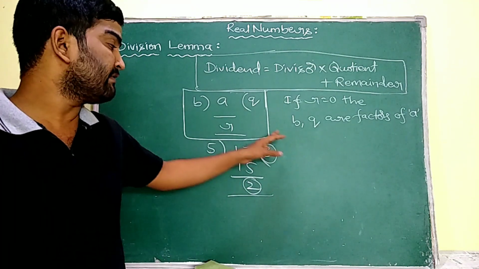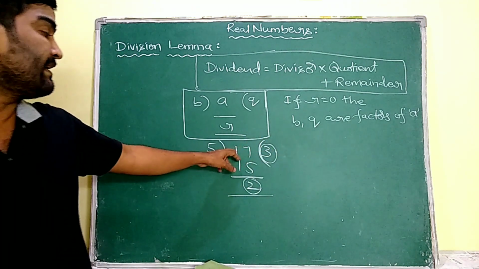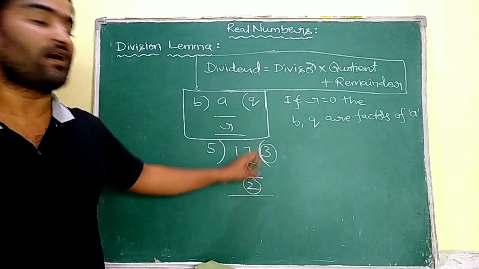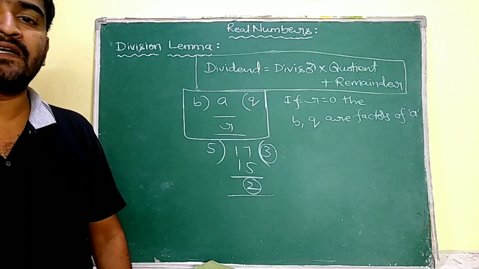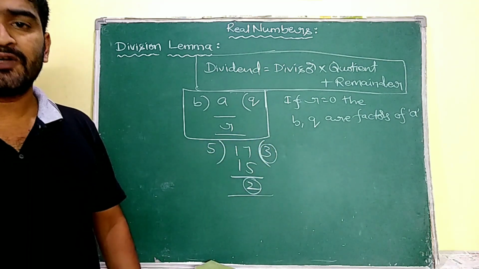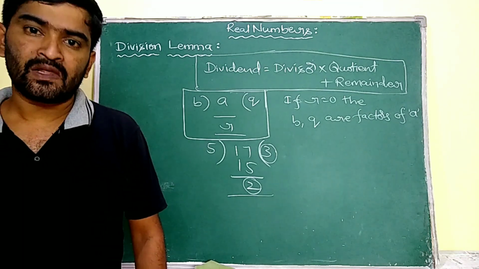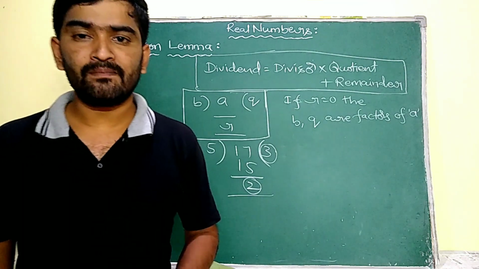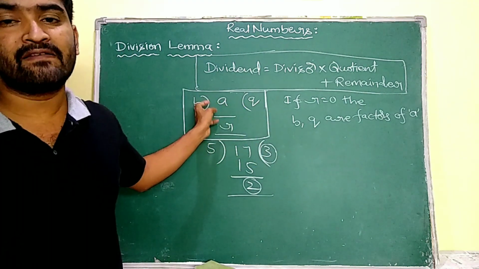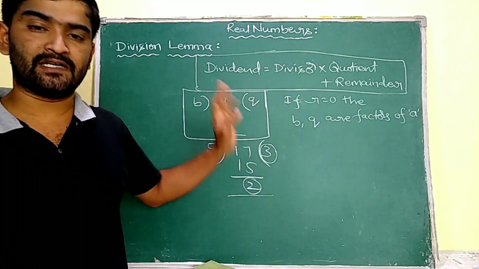They will never change. If I divide 17 with 5, the quotient and remainder are always 3 and 2. That is why for the given numbers 17 and 5, 3 and 2 are the unique numbers. So this is the main relation between the dividend, divisor, quotient and remainder.